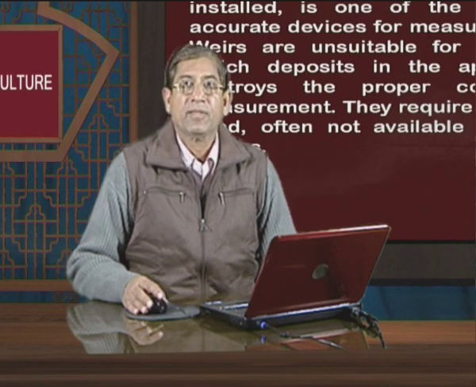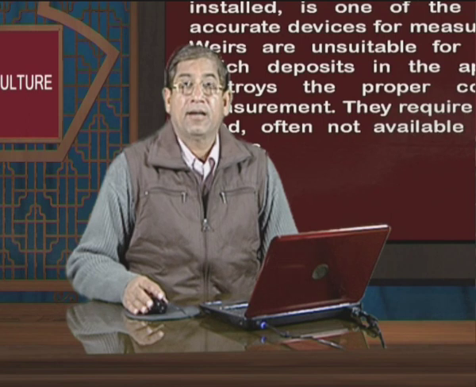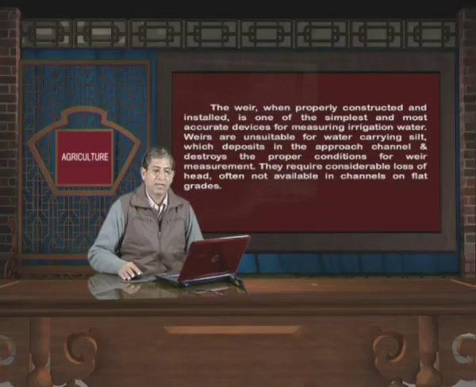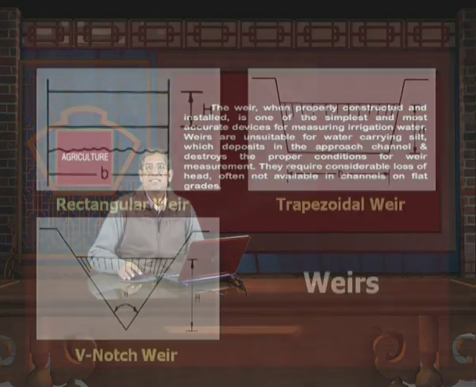The first disadvantage is that weirs do not give accurate measurement when the water is laden with silt or sand. The second disadvantage is that a considerable loss in head is required for weirs in the channels.